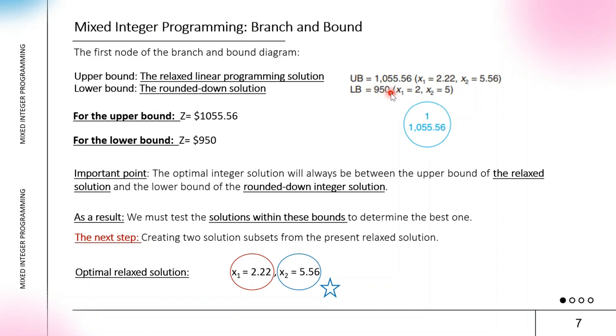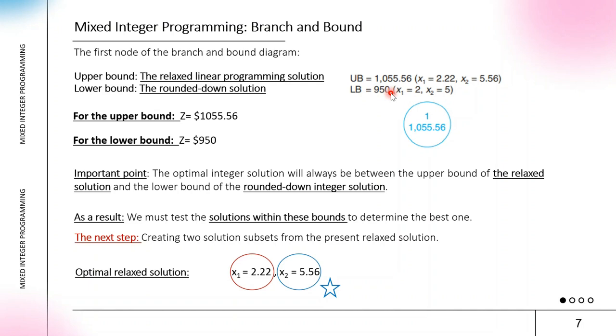Having the upper bound that we obtained from the relaxed LP form and the lower bound that we obtained from the rounded down integer solution of the optimization problem, the real optimal integer solution must lie somewhere in between.